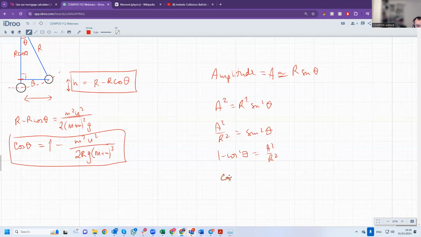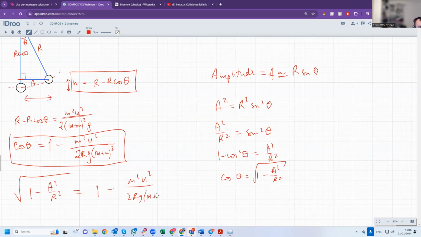And then cos squared theta is equal to 1 minus A squared over r squared. So cos theta is that. And now you have the square root of 1 minus A squared over r squared equals 1 minus m squared u squared over 2rg (M plus m) squared.